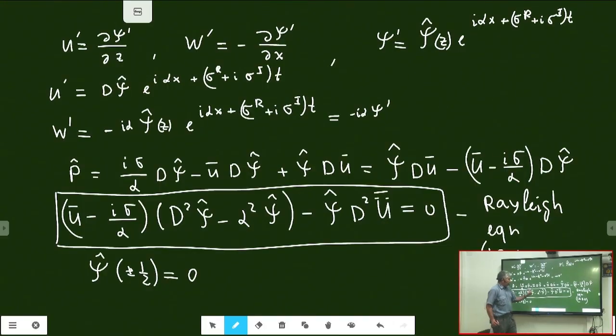Now, you might ask me a question. We have a second order derivative for psi, but we also have a second order derivative for u. Do we need anything for u as well? What do you think? No, because this equation already assumes that we know what u is. We don't need to determine that. So we'll simply substitute it in.